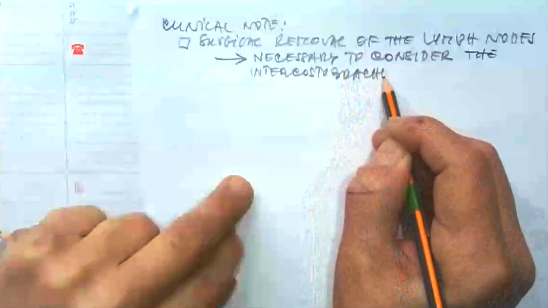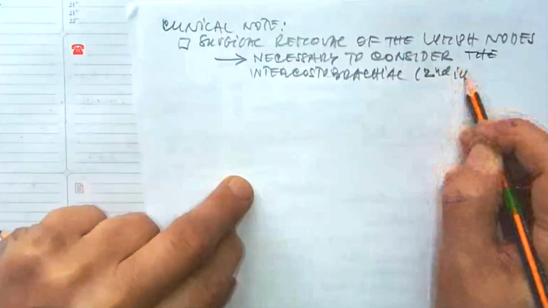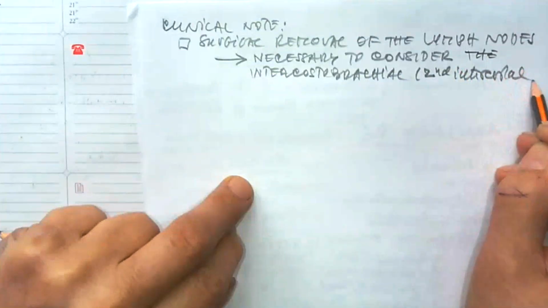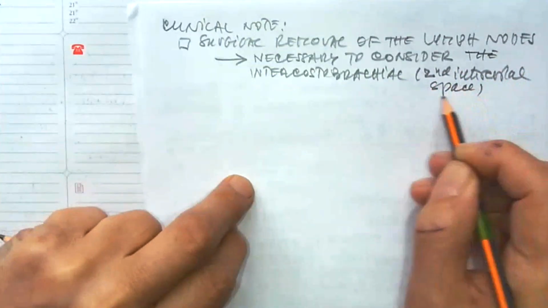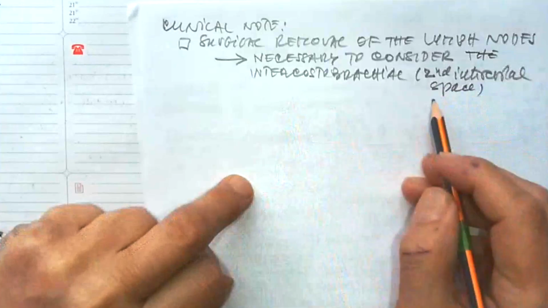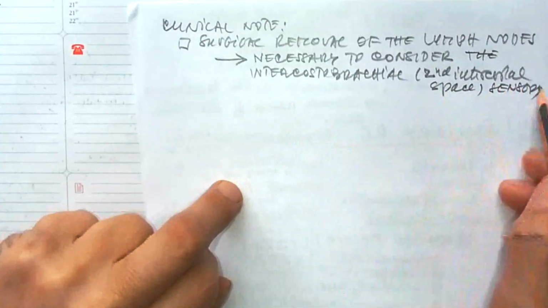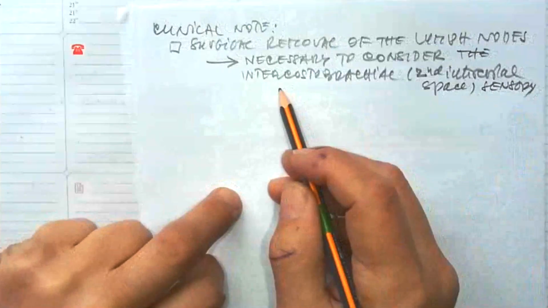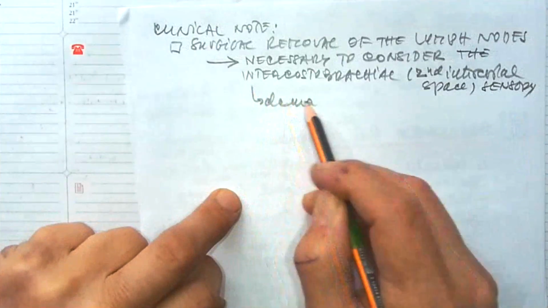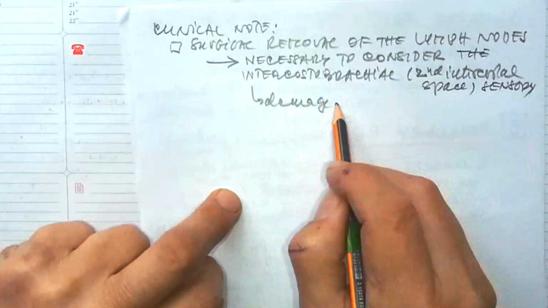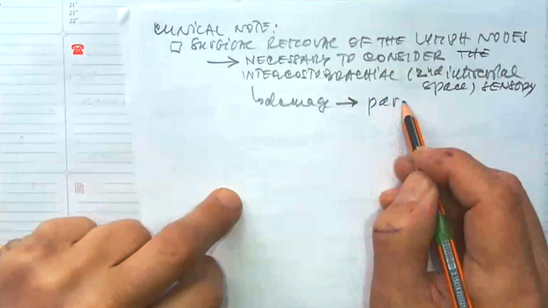This is the nerve, what we said, from the second intercostal. It appears in the second intercostal space, and this nerve innervates, because it's sensory, I would just put sensory. So it's necessary to consider the position, because any damage, cutting it, any damage to the nerve leads to paresthesia.